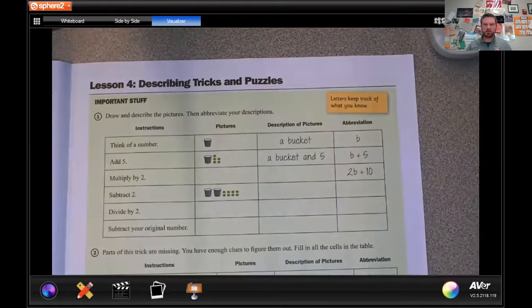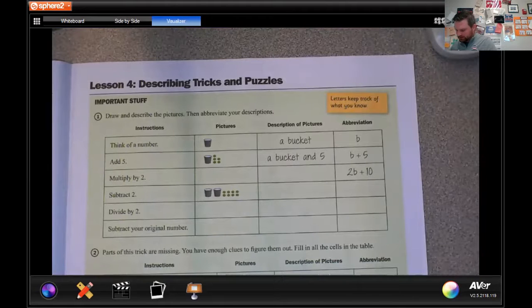You can see that first line has think of a number. When we have think of a number, we use a single bucket because the bucket represents whatever number you choose. And then the description is a bucket, and in this case, they're using B to represent that bucket.